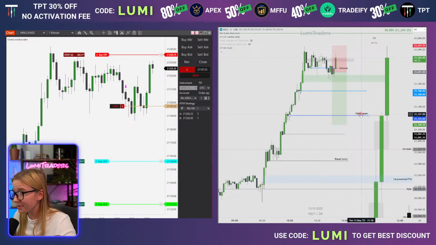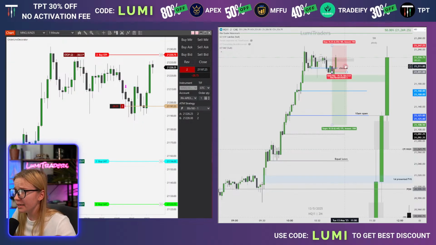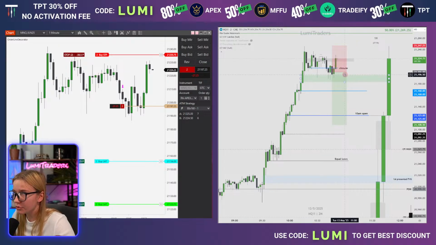So I'm not going to cry about this. Trump talking right now. So I got confirmation which was 2-minute order block. I tried this. Still in this trade. No complaints.